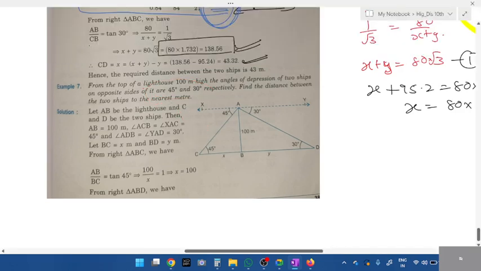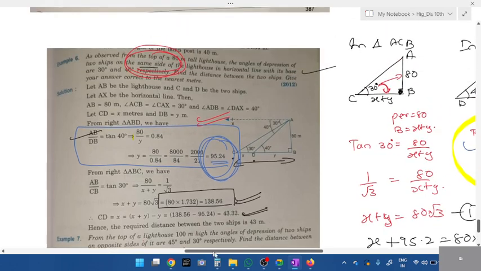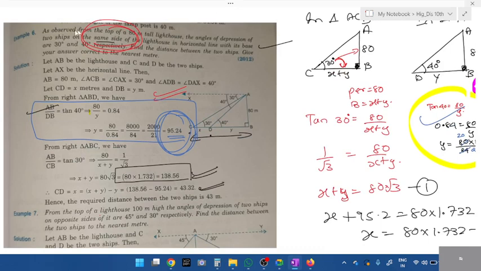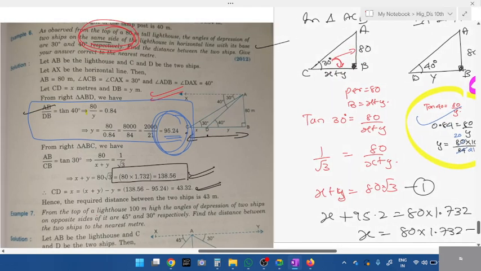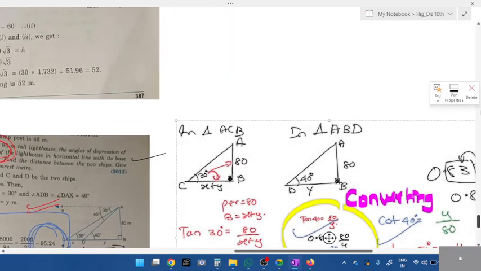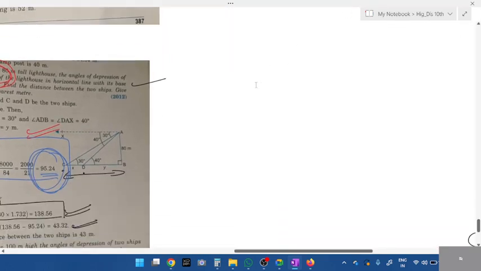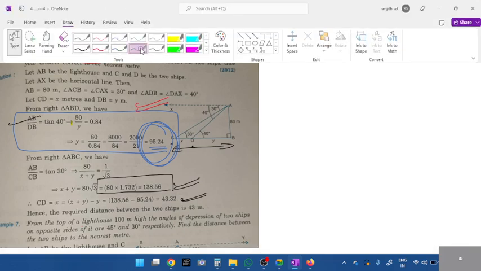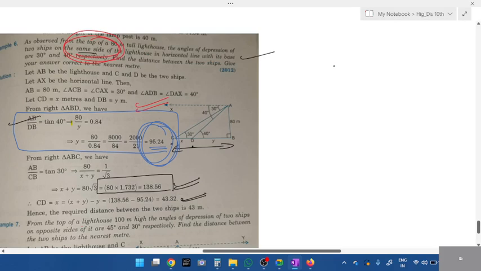Example 7. Example 7, I'll teach you how to draw the diagram. Look at example 7. From the top of a lighthouse. Okay, another 5 minutes.